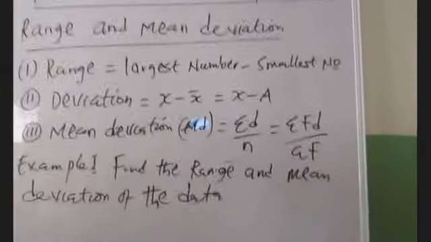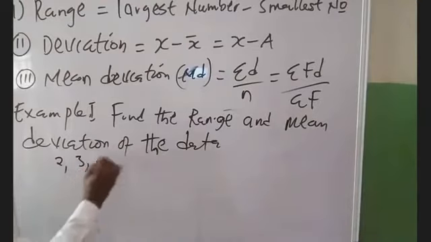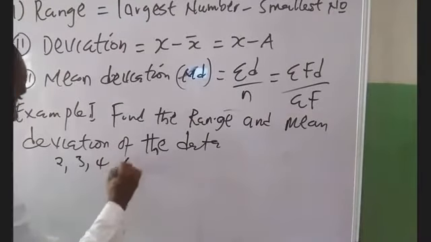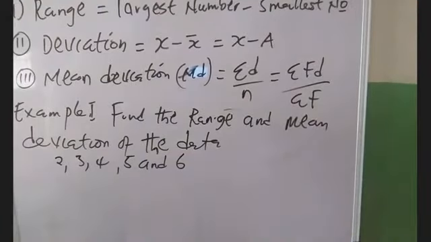The data are 2, 3, 4, 5, and 6. So we are going to find the range and mean deviation of this set of data. So we have the data given as 2, 3, 4, 5, and 6.